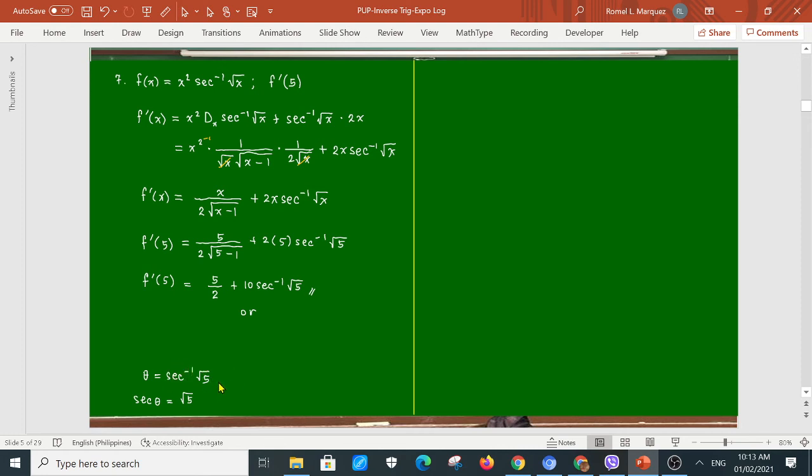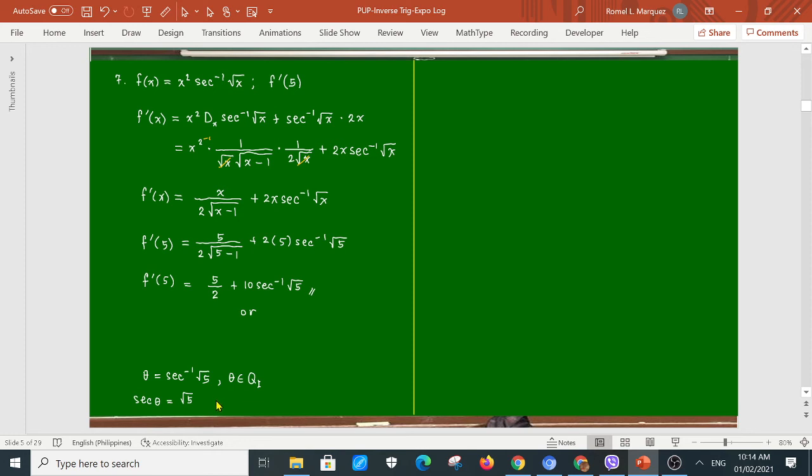Inverse secant, theta in quadrant 1, because this is positive. If this is negative, we take theta in quadrant 3, as we agreed, in contrast with the agreed range for inverse secant in other books, or by other authors. Other authors take the range from first quadrant and second quadrant.